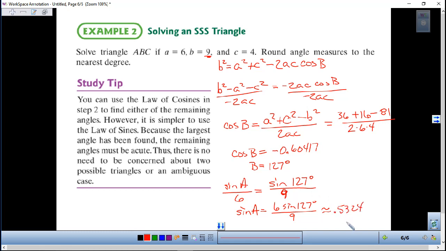All right, and when we take the inverse sine of that, we're going to get 32 degrees. So A equals 32 degrees.